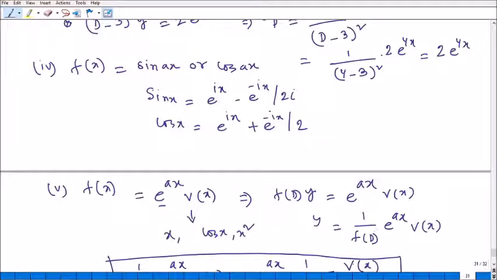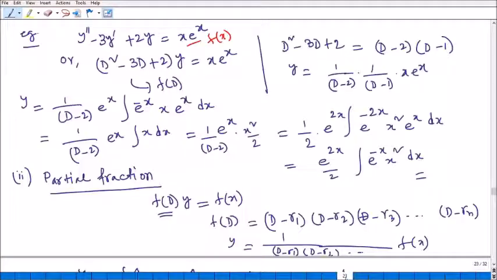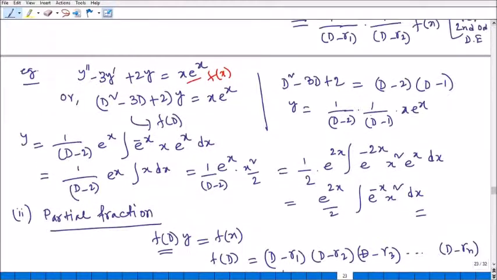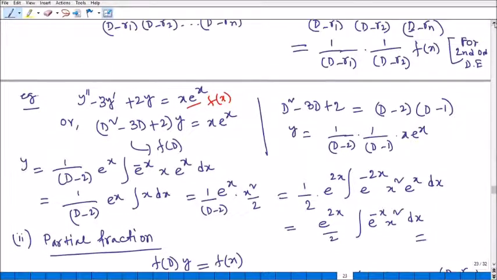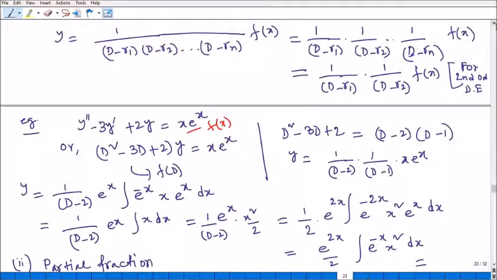Now let us see the example which was discussed before in the successive integration method. This differential equation is y double dash minus 3y dash plus 2y equal to x e to the power x.